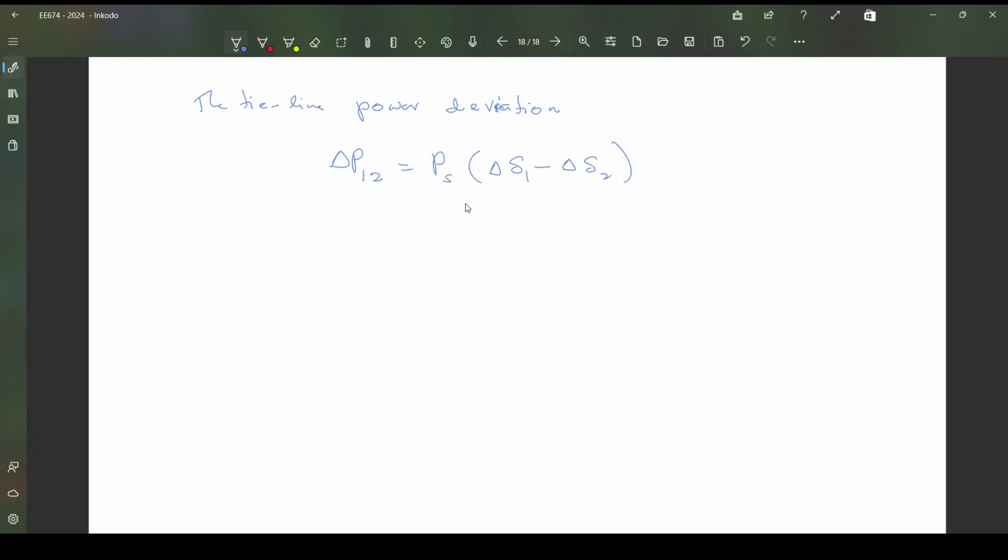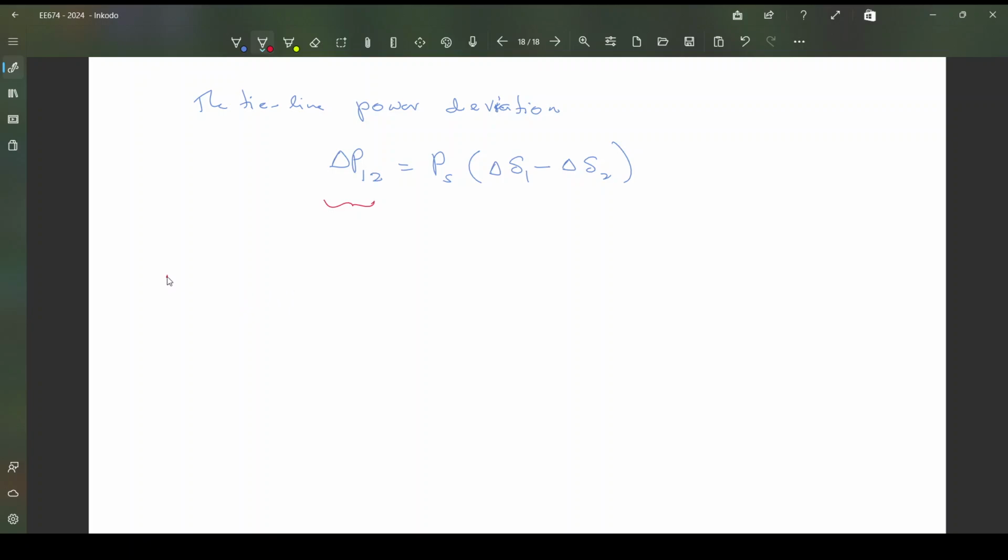So you know that this tie line power flow happens when the power in one area increases, or the load in the other area decreases.